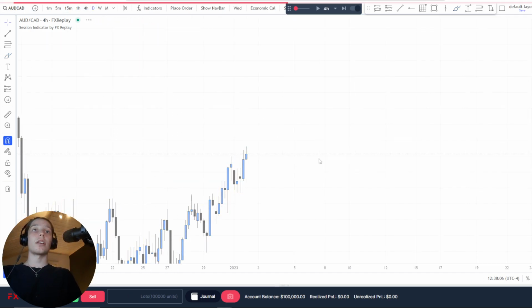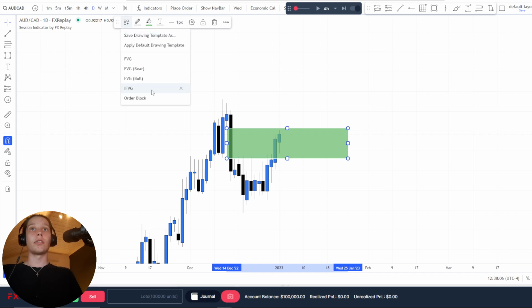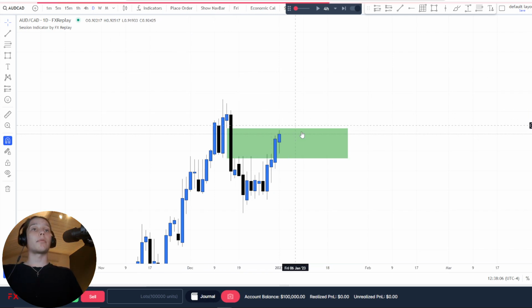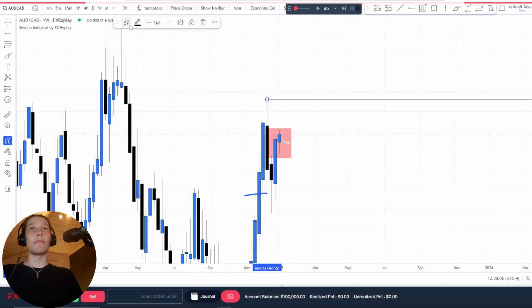So let's just backtest this a little bit. Here, immediately a bearish gap. I think we could push through it. We are in an uptrending market. We took that weekly, so in my opinion the target could be that high.